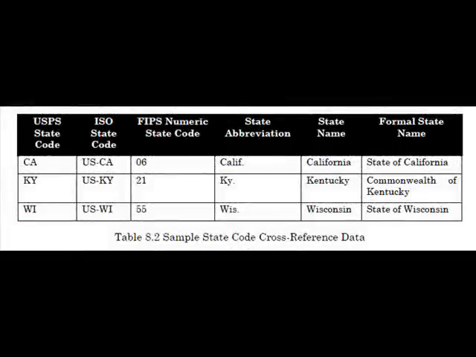To continue, a master cross-reference dataset enables translation from one code to another. Note that numeric codes, such as the FIPS state numeric codes shown in Table 8.2, are limited to numeric values, but arithmetic functions cannot be performed on these numbers.